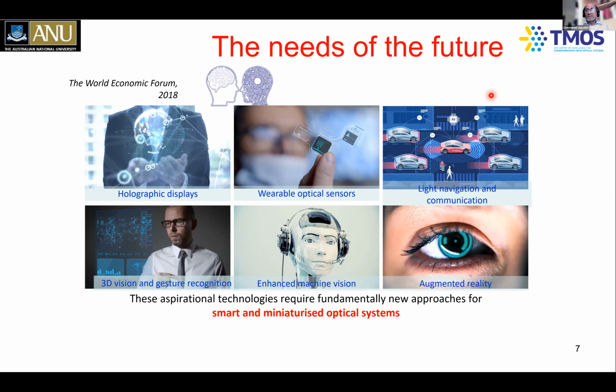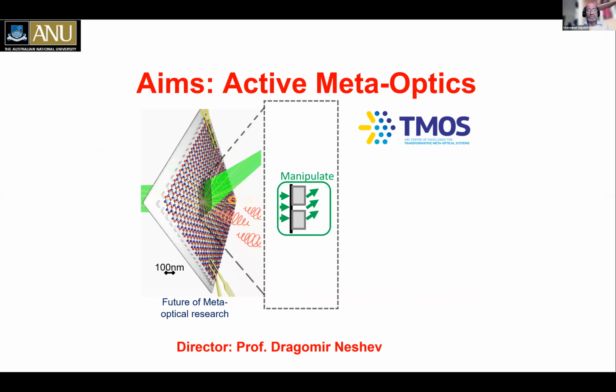And in fact, that's precisely what we are trying to develop as part of a new Center of Excellence funded by the Australian Research Council on Transformative Meta-Optical Systems, TMOS, working with many colleagues in various parts of the world.